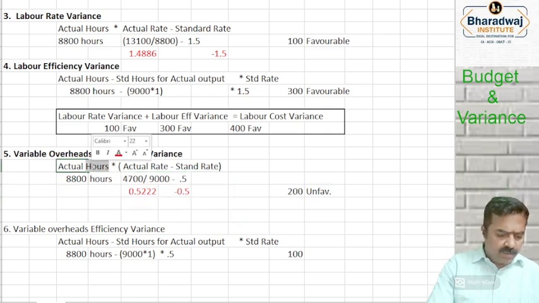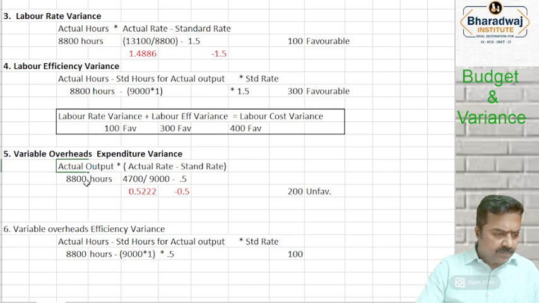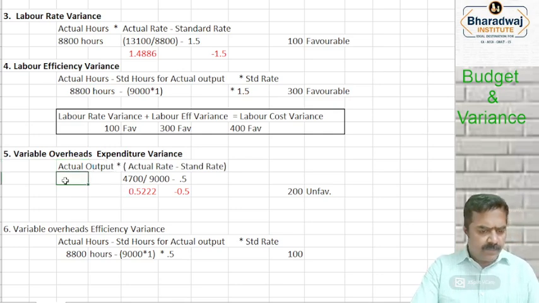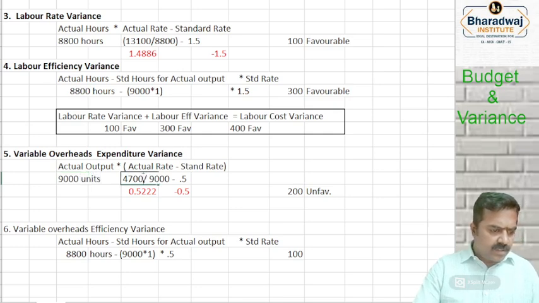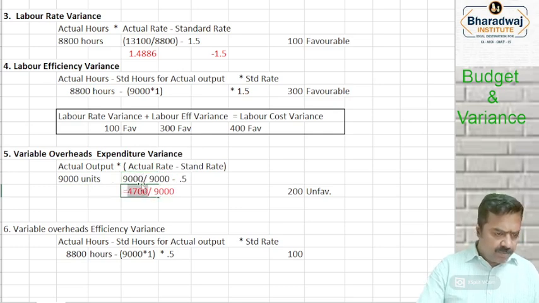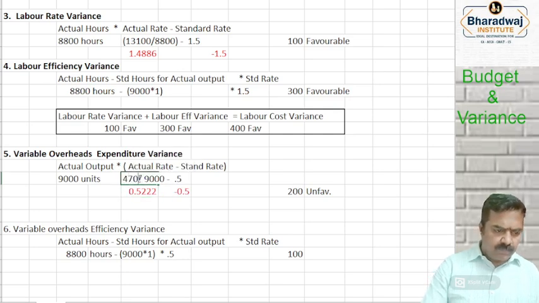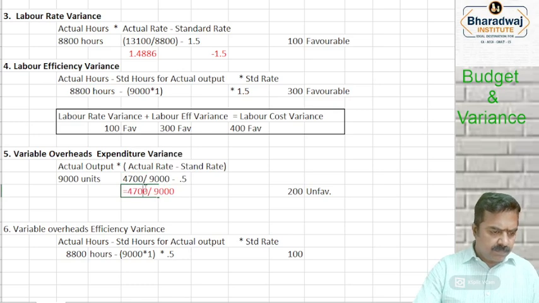Mistake. This is actual output. How many units? 9,000 units. This is 9,000 by 9,000. 4,700 for 9,000. That is correct.